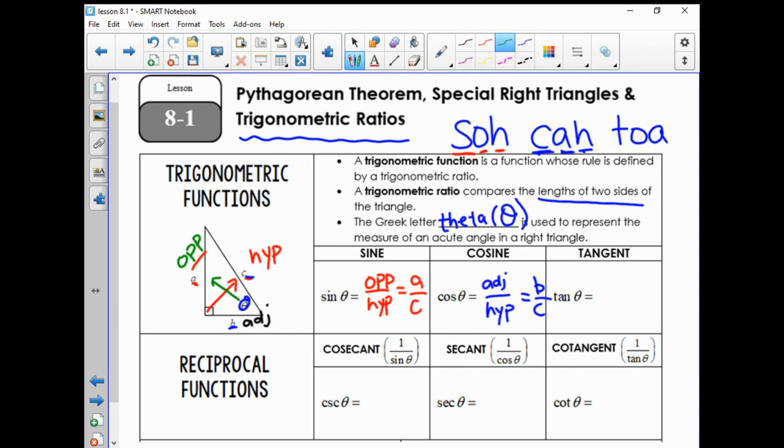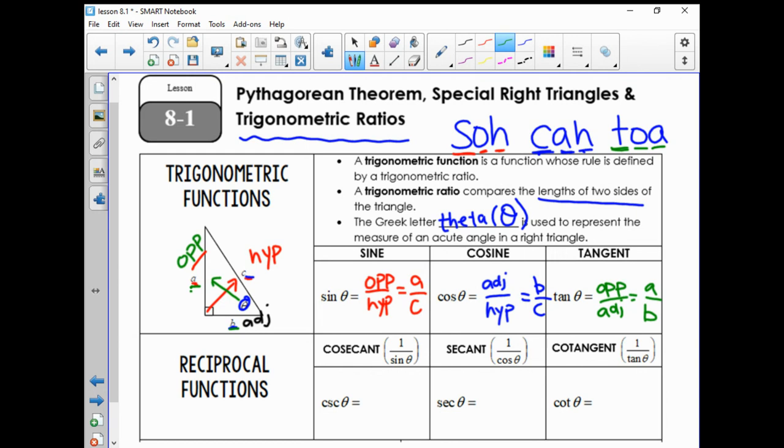On our last trig ratio, the tangent of theta is going to equal the opposite side over the adjacent side. Opposite over the adjacent. So in our drawing over here, the opposite here is A over the adjacent, which is our B. All right, so those are our main 3 trig ratios that you're going to be using this year.